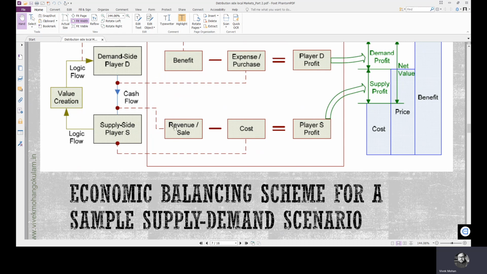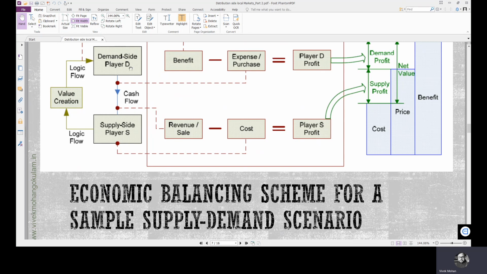Revenue for the supplier is from the sale of energy to the demand side player. So cash flow is in the opposite direction, from the demand side player D to the supply side player S. So this is the supplier's revenue. Then the cost of generation for the supplier is the expense. So revenue minus cost will give the profit of the supply side player S.